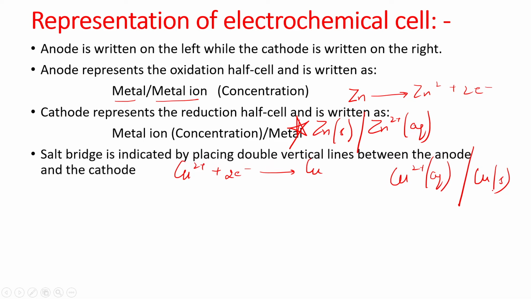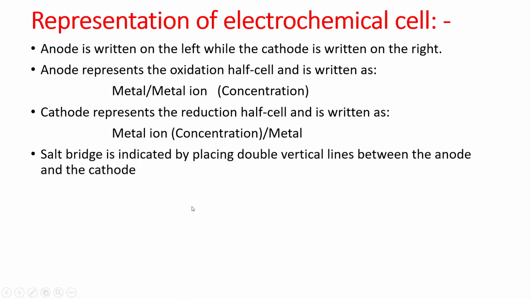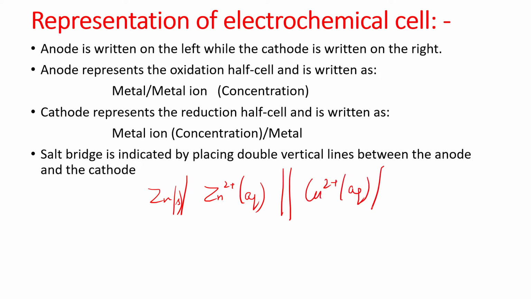These two half cells are connected by placing vertical lines in between. Vertical lines represent a salt bridge. So overall, you will write zinc solid slash zinc 2 plus aqueous. In between there are parallel lines for the salt bridge. Then copper 2 plus ion in the electrolyte that is converting into copper solid.